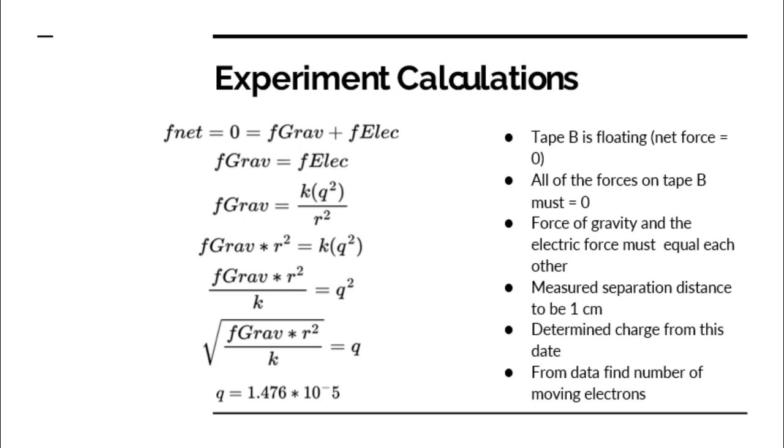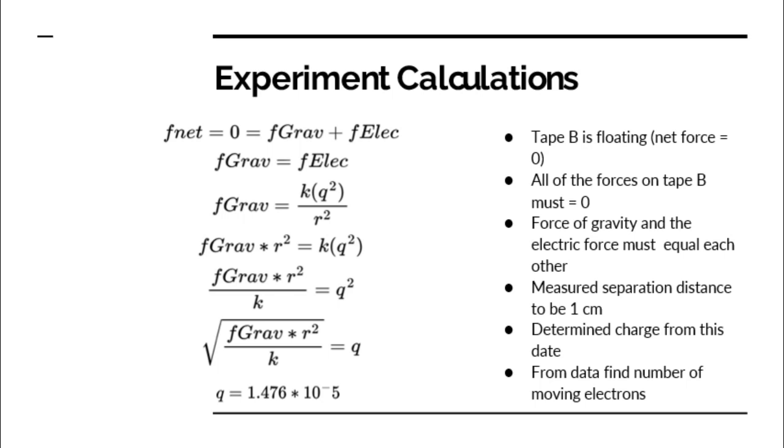The reason q is squared, and not charge 1 times charge 2, is that the charge of both tapes should be around equal, so multiplying one value by itself is just that value squared. Then we do some algebra to solve for a singular charge, and doing all of that, I got around 1.476 times 10 to the negative 5 for the charge of the tape.